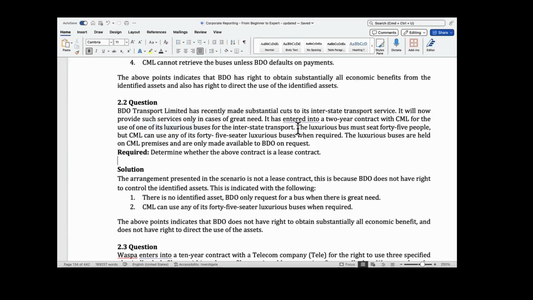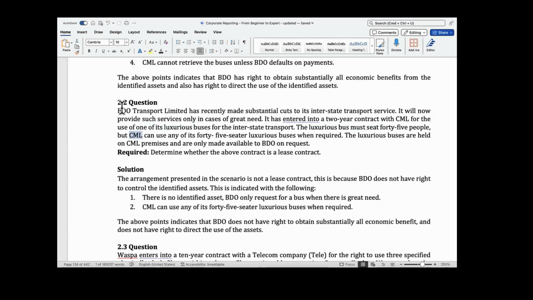And another one, they told us that the luxurious bus must seat 45 people, but CML can use any of the 45-seater luxurious buses when required. See, CML can still use the asset. That shows that this is not a lease at all. It doesn't meet it.